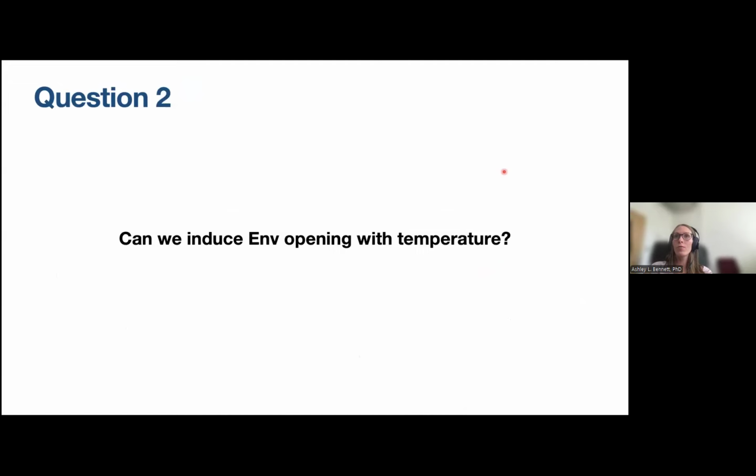Now that we can confirm that we can measure open and closed structures with the SAXS, we then moved to answer if we can induce opening with temperature jumps. So in these experiments, we were using the CH505 variant of the envelope because it was shown by our previous binding studies to have a higher propensity for the open state.